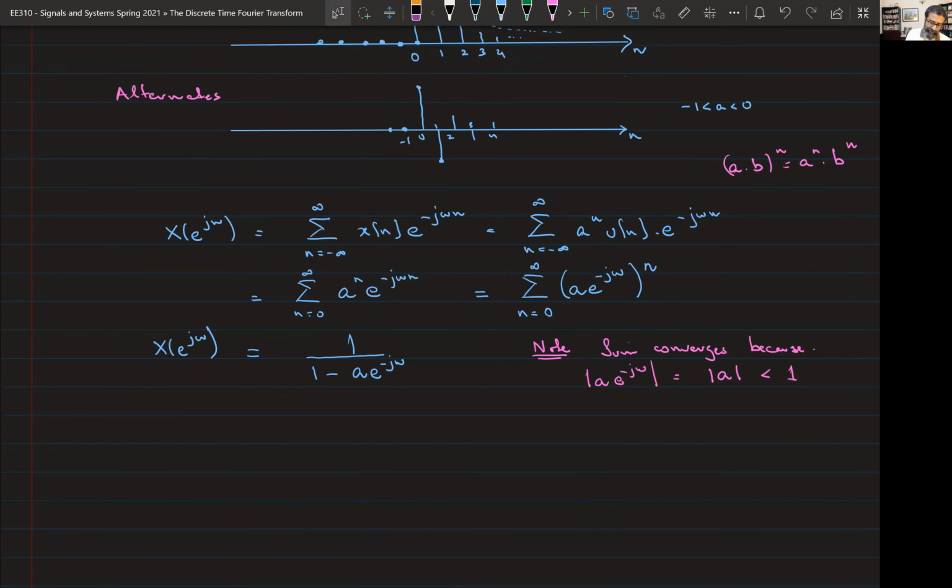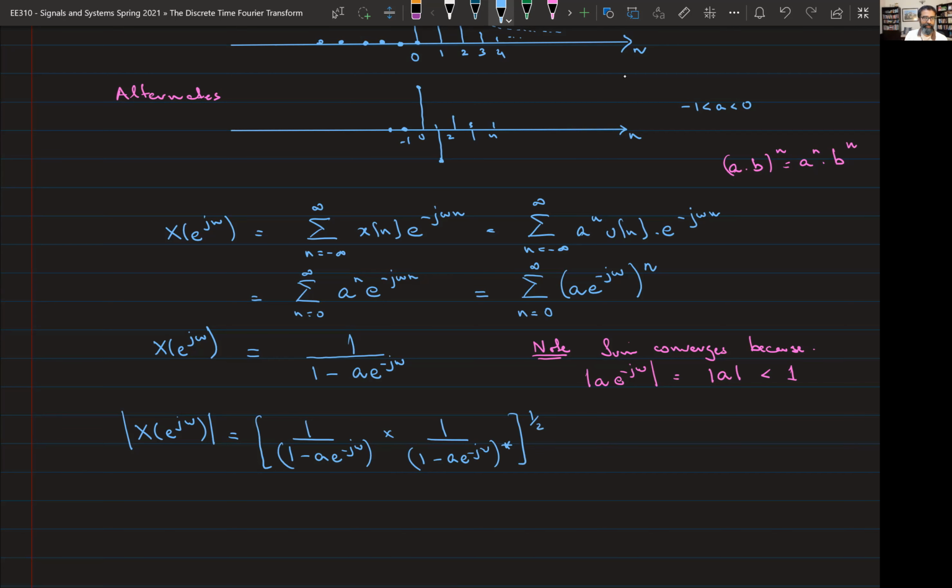Now, let's try to compute the absolute value of X of e raised to j omega. What will the absolute value be? The absolute value is just equal to 1 upon 1 minus a e raised to power minus j omega, multiplied by the conjugate, 1 upon 1 minus a e raised to power plus j omega, and raised to power half.